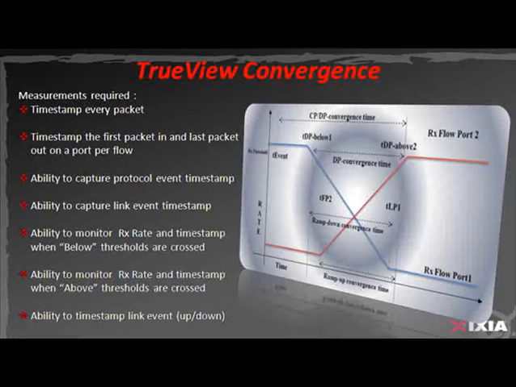IxIA's TrueView convergence methodology also has the unique capability for users to define configurable rate thresholds. IxIA then monitors the receive rates and the timestamp per receive port per flow when the thresholds are crossed below and above these user-defined values. And as mentioned before, we also have the ability to timestamp link events like link up and link down.